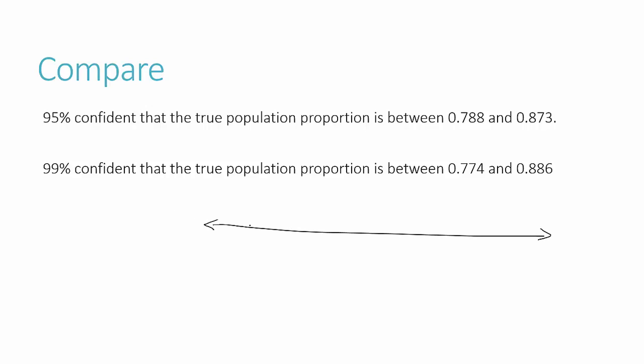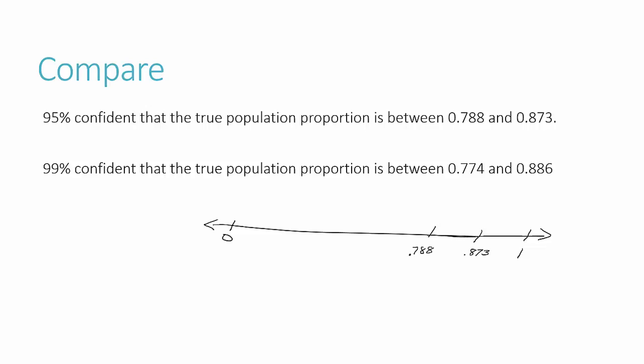Down here is 0, up here is 1. For the first confidence interval, we're from 0.788, so we'll put that here, to 0.873. So here.